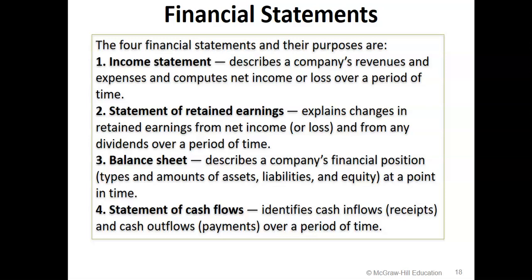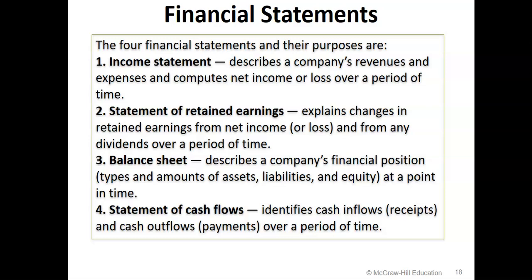Our statement of retained earnings explains the changes in the retained earnings account. So we have our previous retained earnings, we add that period's net income or loss, and then we subtract any dividends we paid out during that period. And we have a balance sheet. The balance sheet is the accounting equation.